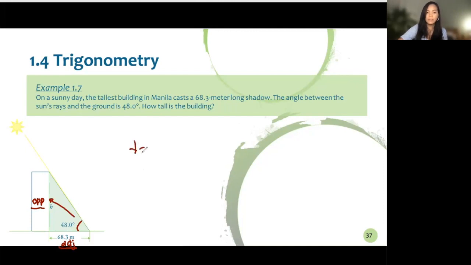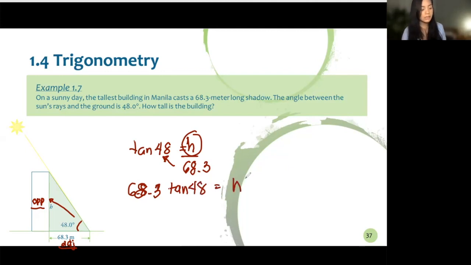So if I solve that, tangent 48 is equal to the opposite H divided by the adjacent, 68.3. But we're looking for H, so simply cross multiply. So that is 68.3 tangent 48. And you can just use your calculator with that.